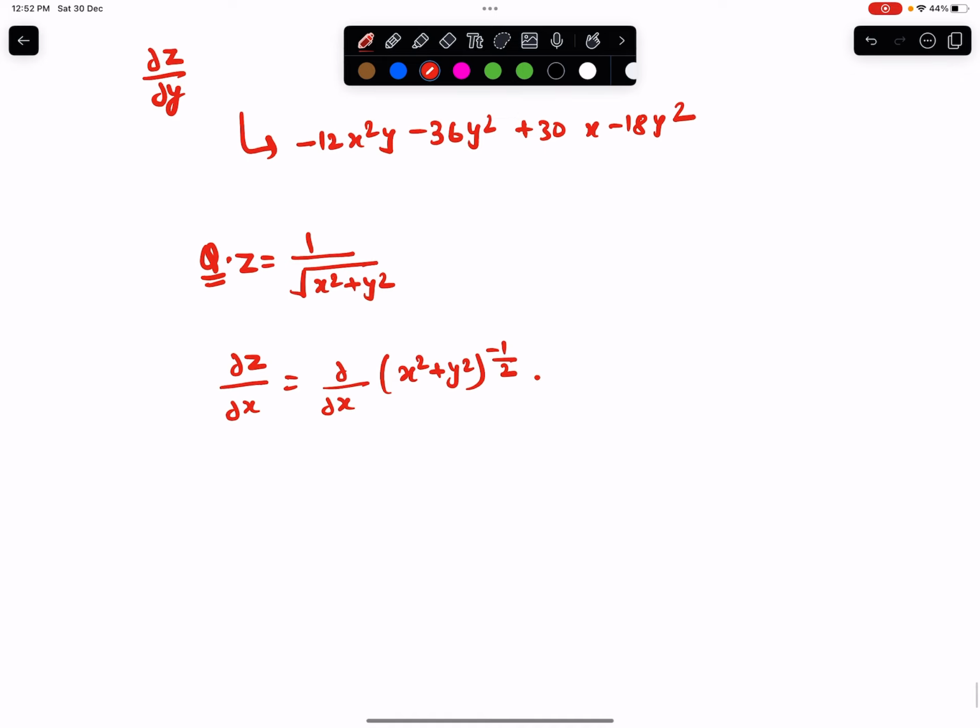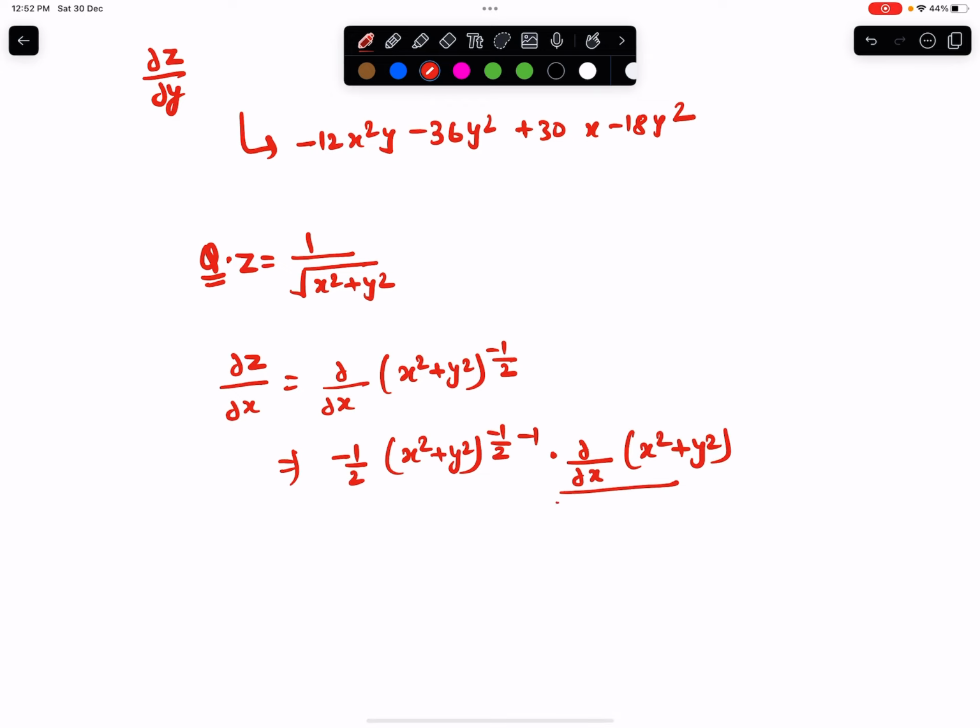We have to differentiate this. So what will be its differentiation? Minus 1 by 2 into (x² + y²) raised to the power minus 1 by 2 minus 1, into ∂/∂x of (x² + y²).